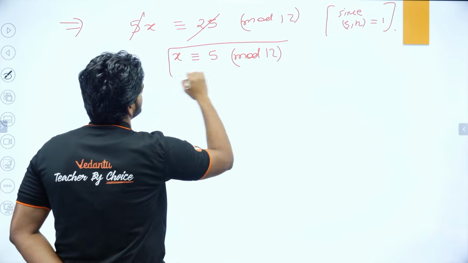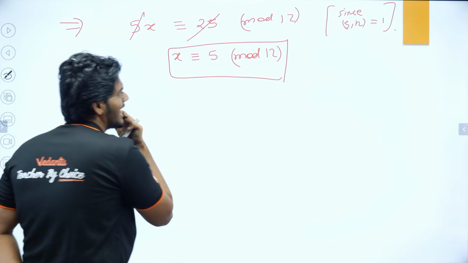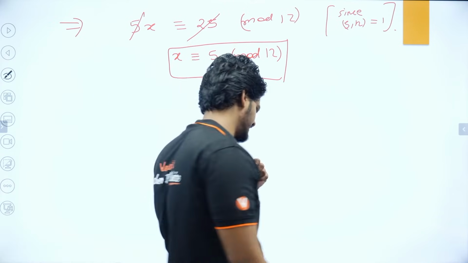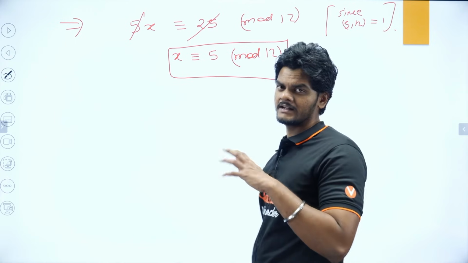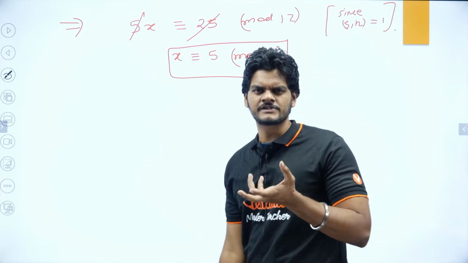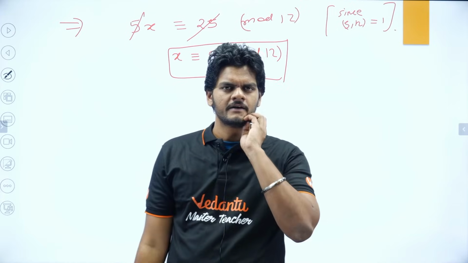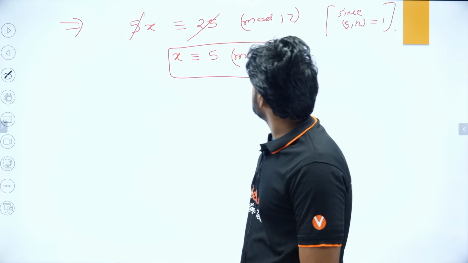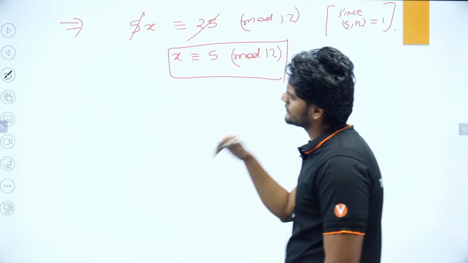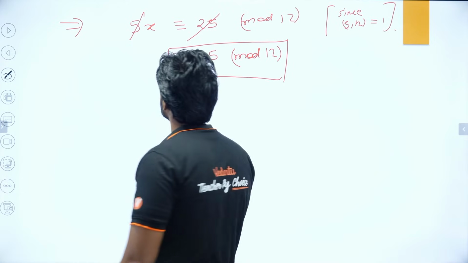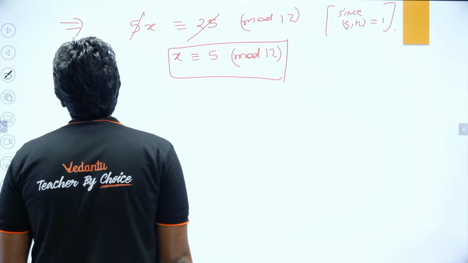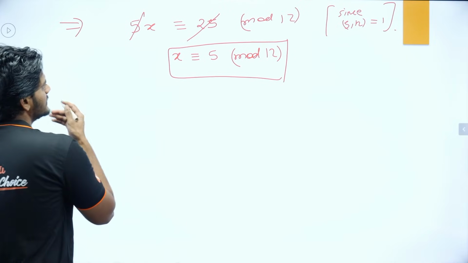So whenever this is true, this is how you solve a lot of congruency related equations, right? Okay, this is one of the very interesting questions. It's actually quite cool. Okay, let's go ahead.